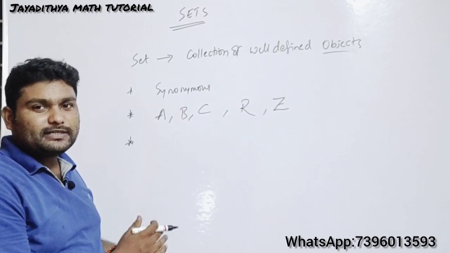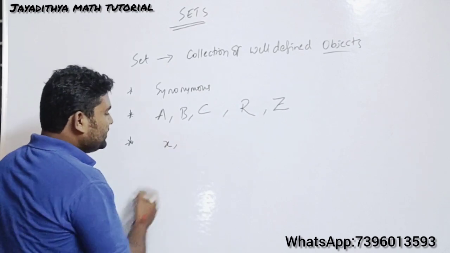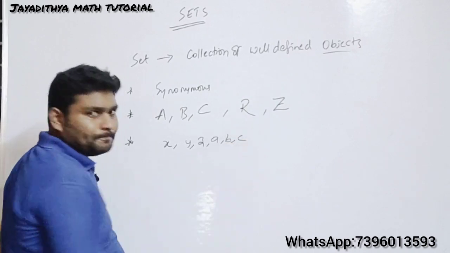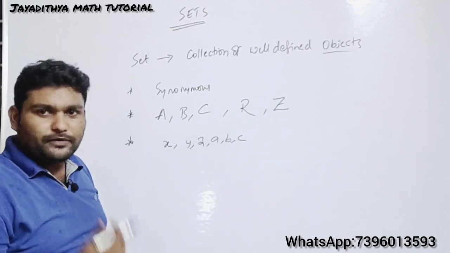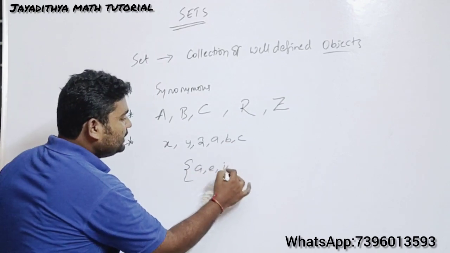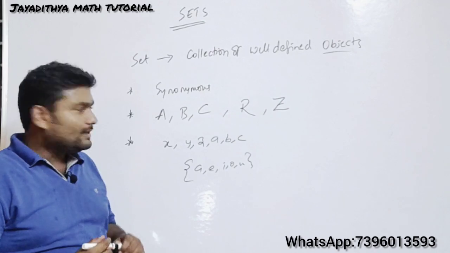Objects of a set are represented by small letters. For example, elements are represented with small letters like x, y, z, or a, b, c. For example, if you take the set of vowels, you write it as a, e, i, o, u. In this way you will be writing.